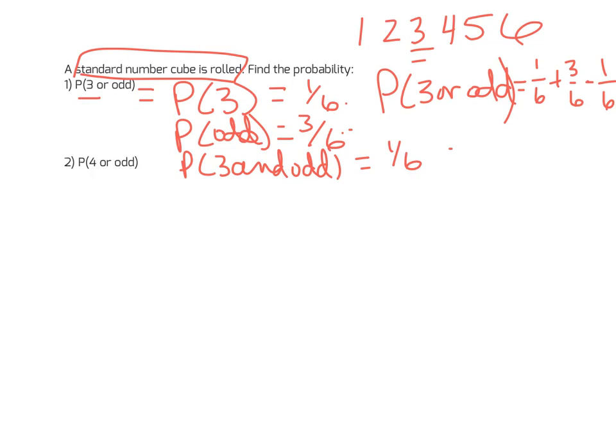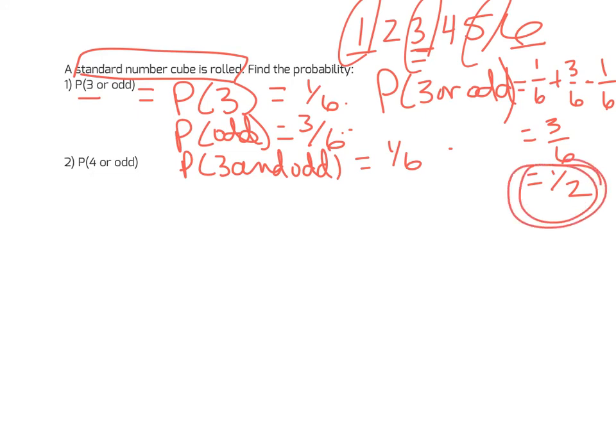So this is a pretty simple example. So it ends up just being 3/6. You could just have counted that out, frankly, and said, okay, here are all of my possible outcomes that are 3 or odd, and you'll see it's 3 of the 6 options, so it's half of them. But if you use a formula, that's how it works.